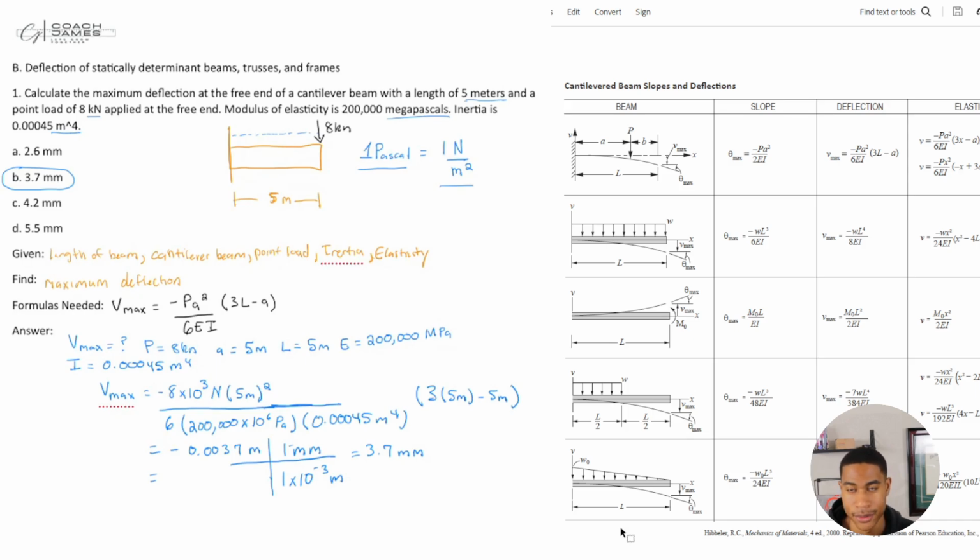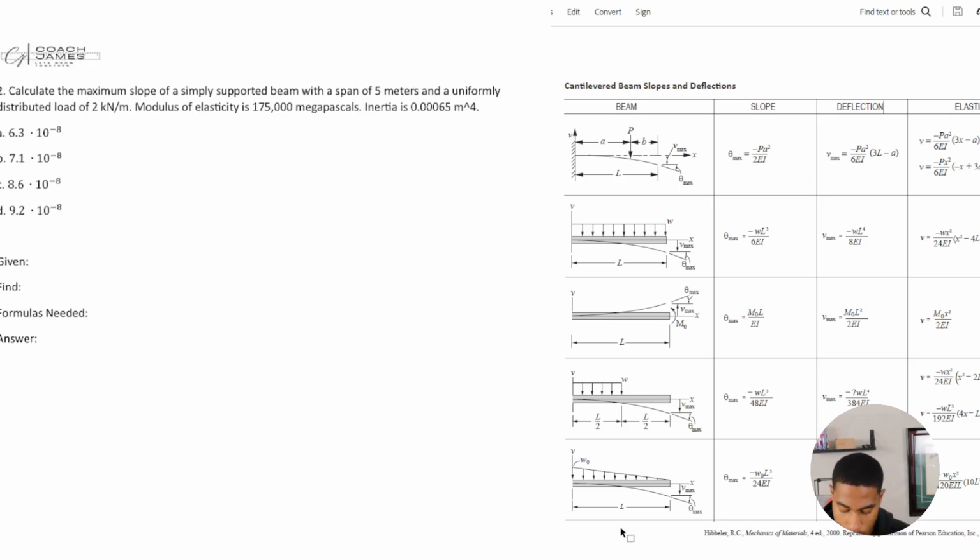And just know that 1 pascal is equal to 1 newton over meter squared. So the same units cancel. If you are in American units, basically feet, you're going to keep everything in feet and in pounds. So, all right, let's move on to number 2.